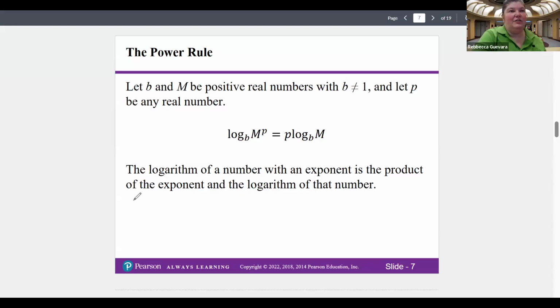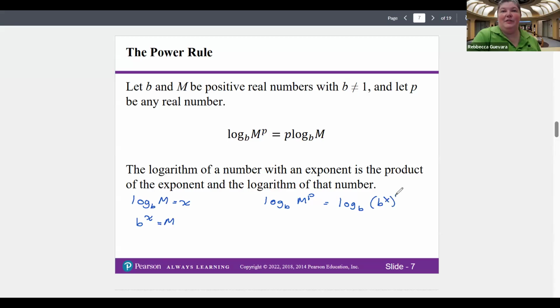All right, so if we say that log base b of m is equal to some x, then we know that b to the x is going to be equal to m. So if we go back here and we go log base b of m to the p, that is going to be log base b, and m can be replaced with b to the x.